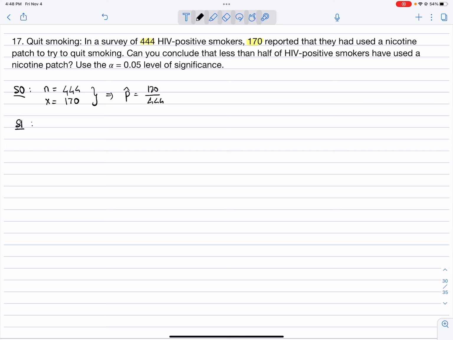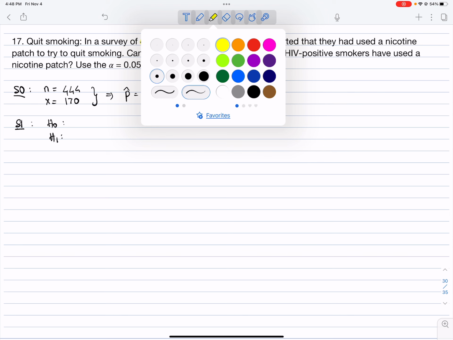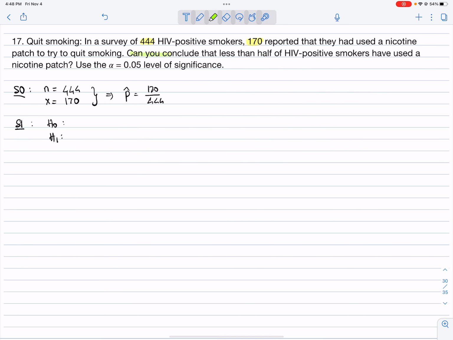So step 1 is set up the null and alternative hypotheses. We look at the question, and the question says, can you conclude that less than half? So we see the words less than half. This tells us this is a percent. So this problem is not talking about the mean, but about the percentage.